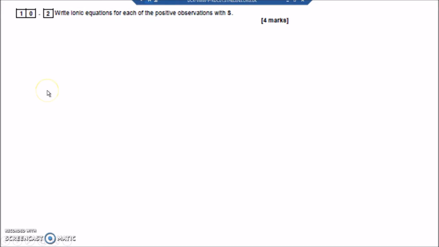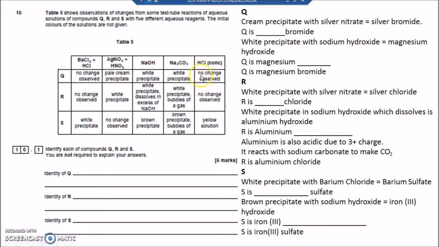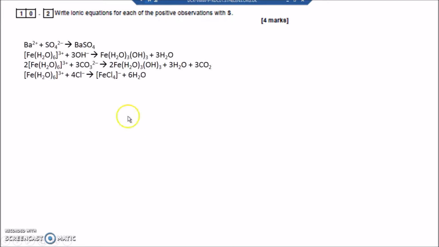And then finally, my final one is concentrated hydrochloric acid. So concentrated hydrochloric acid can replace the water ligands to release 6H2O, but you can only get 4 Cls. They're quite large ligands, so you can't get more than 4 around. You can't get 6 as in water. You can only get 4 chloride ligands around a central metal ion, transition metal ion.